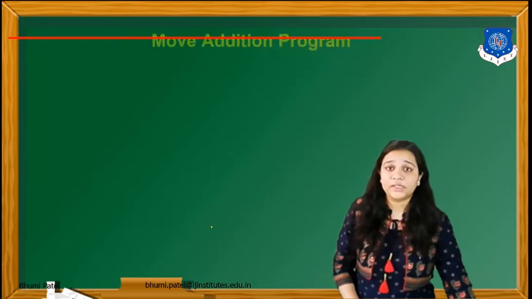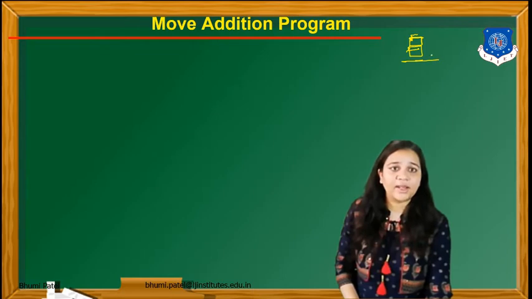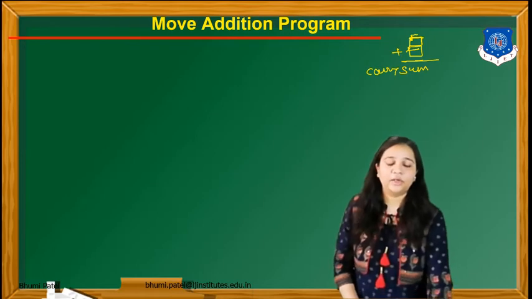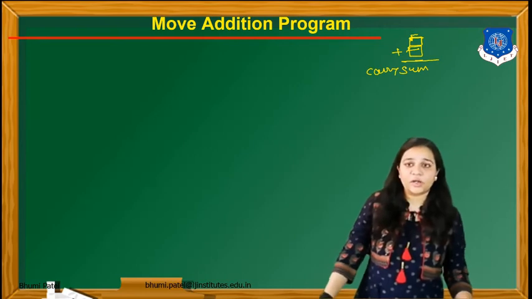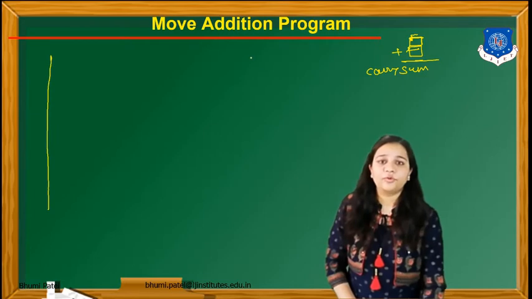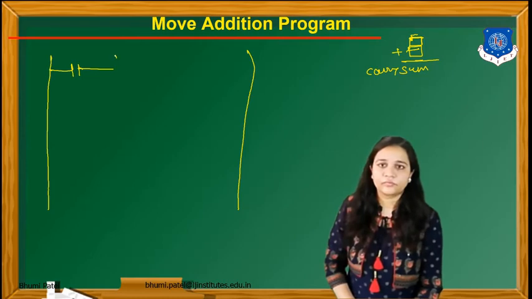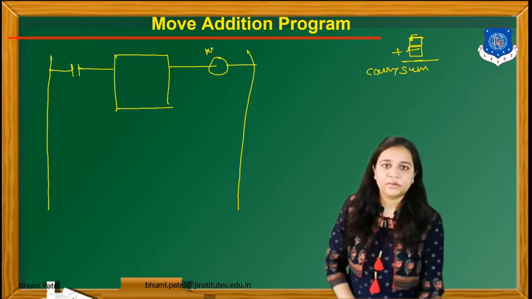Now what is in the move addition function? Whenever we add two data, we can get two things, sum and the carry. Okay, so we have to store the data from the sum and carry in a particular location. So for that again we have to use a move function, MV03.